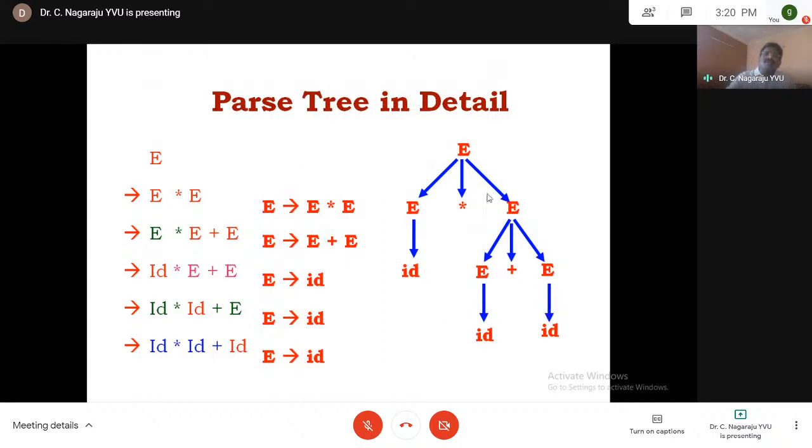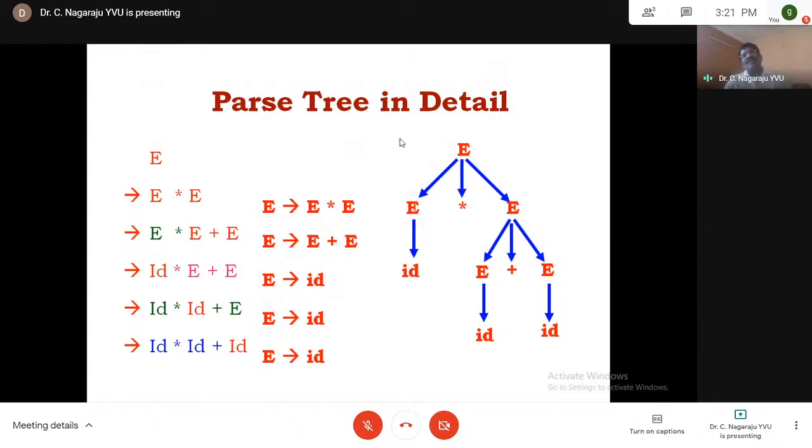This is the parse tree. E can have the form of E star E. We choose this grammar and first construct the parse tree. The root node is the starting symbol. After that, an appropriately selected production replaces the root node: E star E, and then ID, and then E equal to E plus ID.